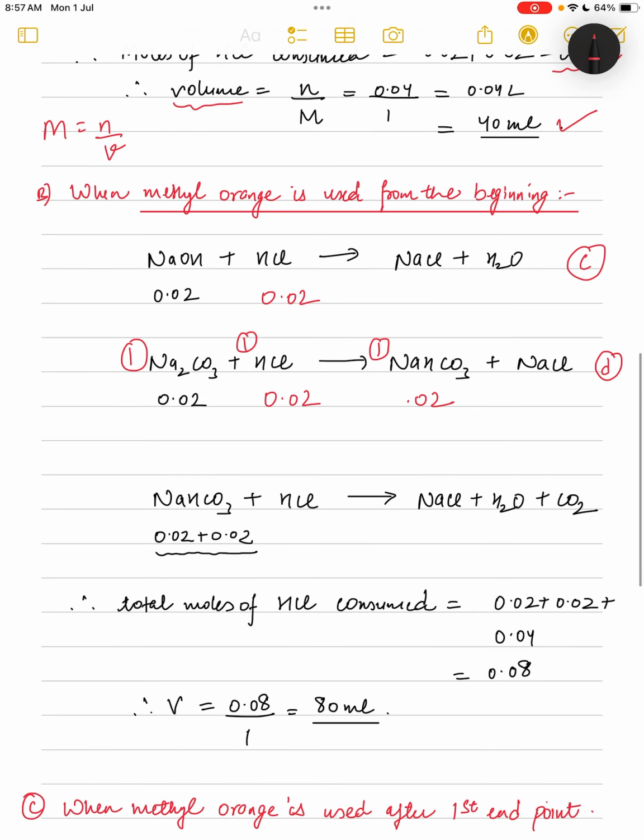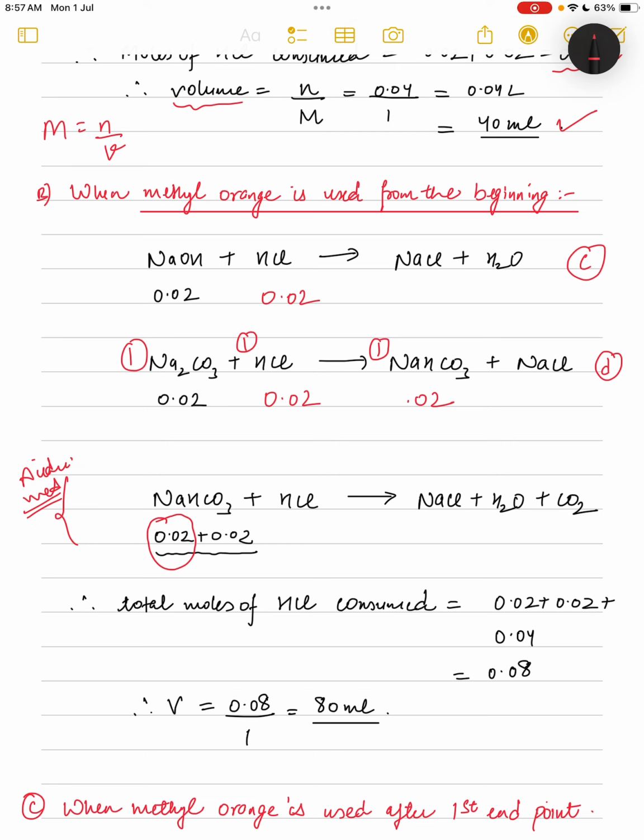The third reaction occurs in acidic medium. Now here, how many moles of NaHCO3 are there? 0.02 moles of NaHCO3 come from reaction D, right?